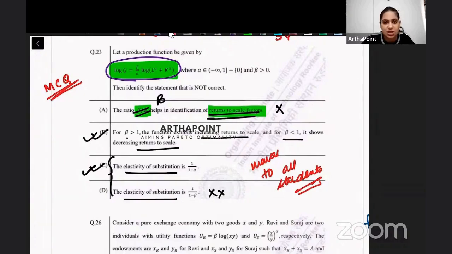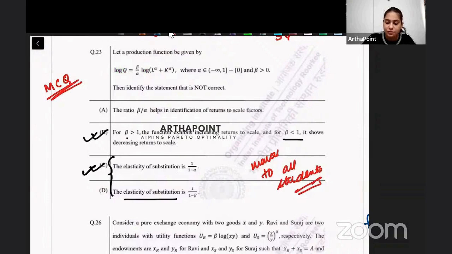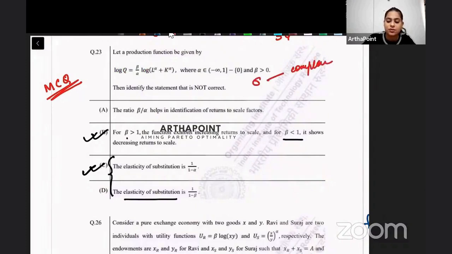This time it came like this. But again, if you go to the lectures, we have found elasticity of substitution for complementary goods, for Cobb-Douglas, for substitutes. We have done it for all three kinds, right? And for this general case also we did. The constant elasticity of substitution, the CES function.